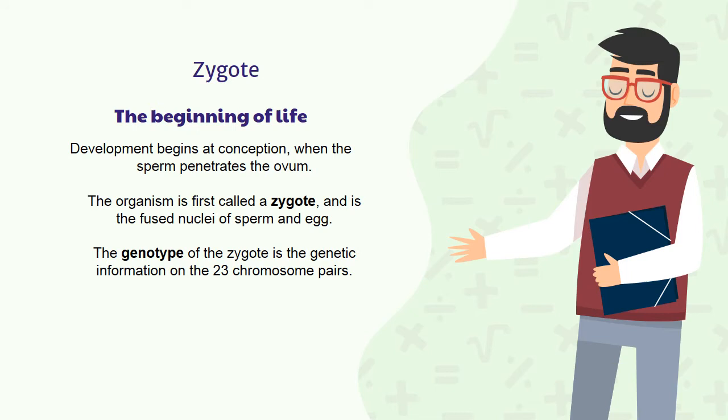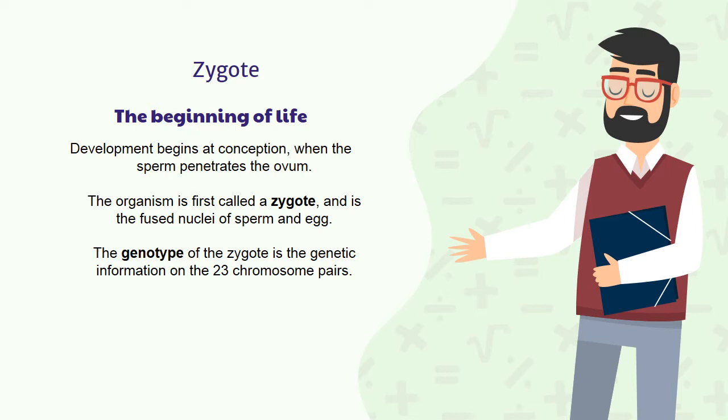Now, the zygote is the beginning of life. When the sperm unites with the ovum, then conception or fertilization takes place, and a fertilized egg is formed, which is called the zygote.